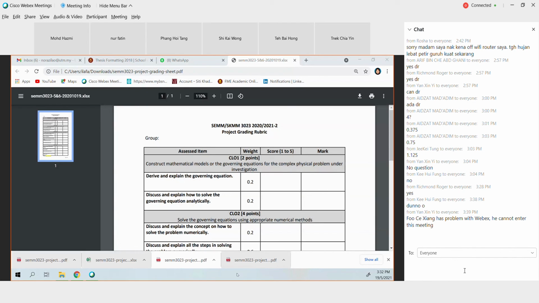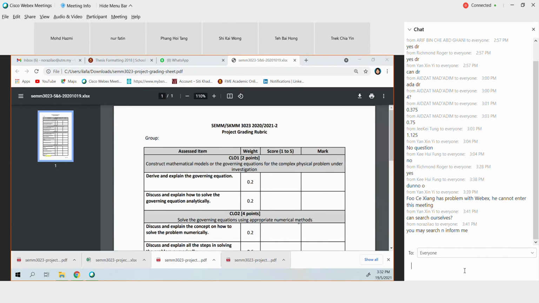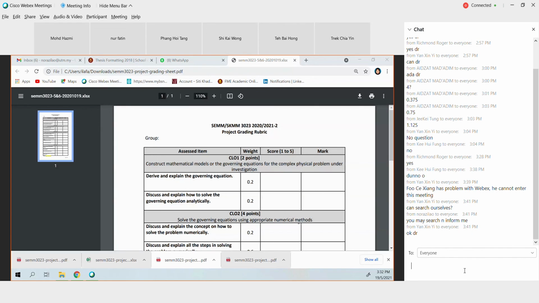Only 2 of you. You may search and inform me. For others who are not able to find a friend, I will assign. I will see the situation. Those who already have a partner, I will not disturb. Those who are quiet and don't ask, then I will assign.